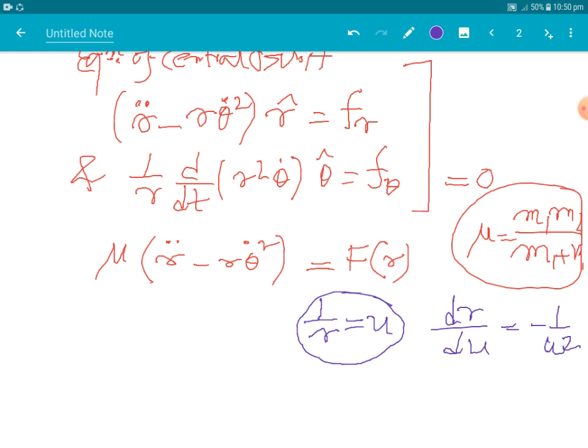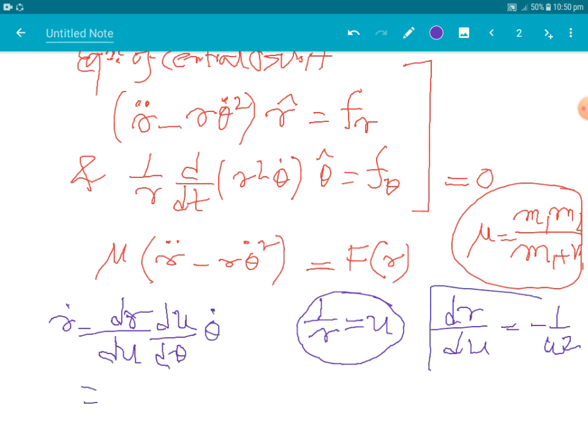Now r dot, that is dr by dt, is equal to dr by du into du by d theta into d theta by dt, that is theta dot, by the chain rule. Now dr by du is minus 1 by u square, so we get minus 1 by u square, du by d theta, and theta dot.